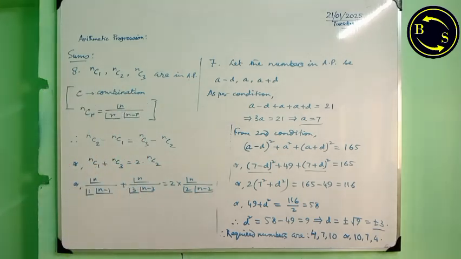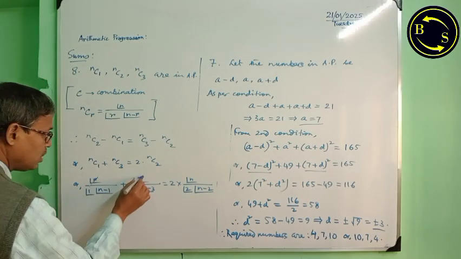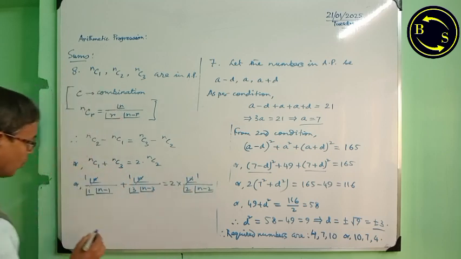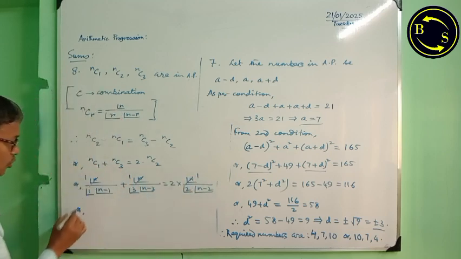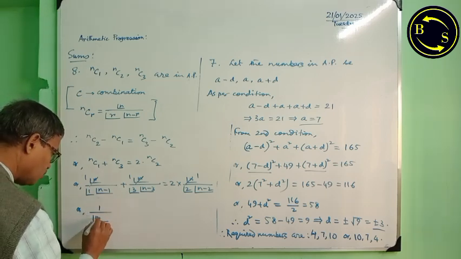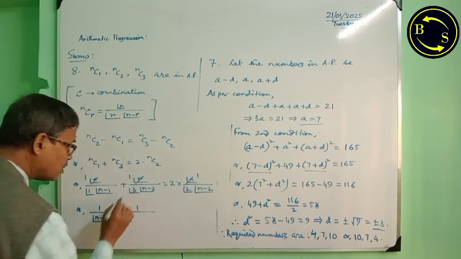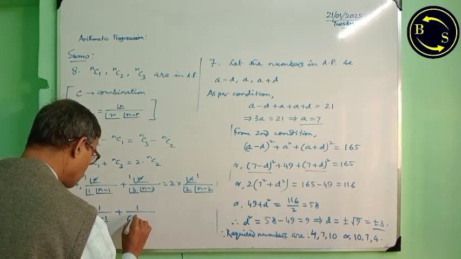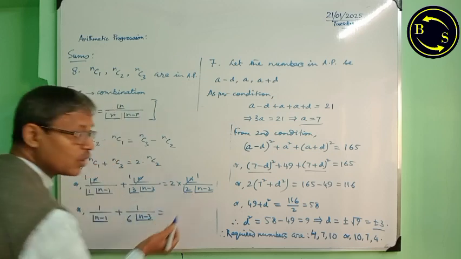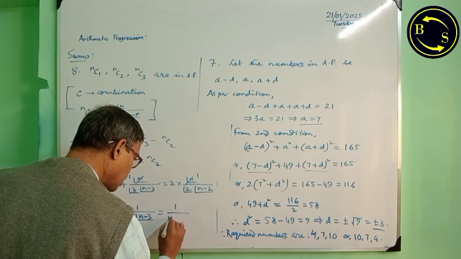Now factorial n is always a positive number, therefore we can cancel this from both sides. Factorial 1 is 1, therefore it is 1 by factorial n minus 1, plus 1 by factorial 3, that is 3 into 2 into 1, 6, into factorial n minus 3, is equal to 2 times 1 by factorial 2 into factorial n minus 2. Factorial 2 is 2, therefore these two will be cancelled, leaving 1 by factorial n minus 2.